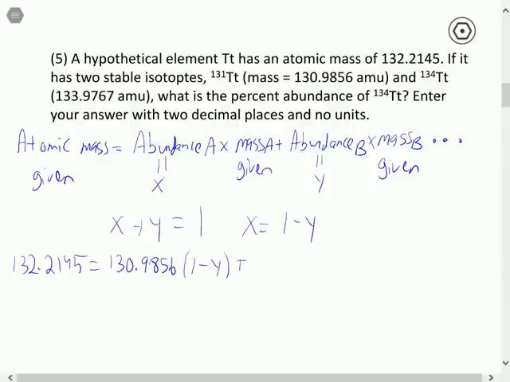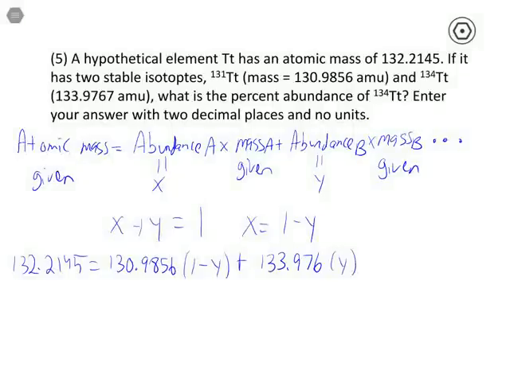And then we add to that the mass of the second isotope, 134, which has a given mass of 133.9767, times its abundance, which we've defined as y. So now we have one equation, one unknown. We can solve for y. That's our abundance.